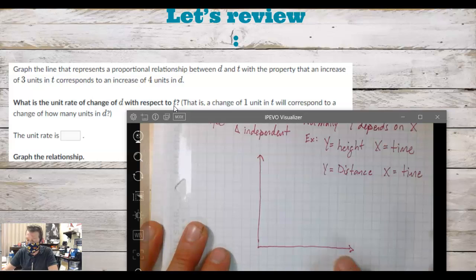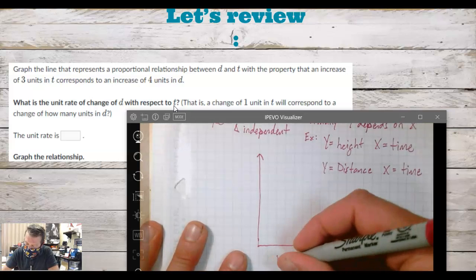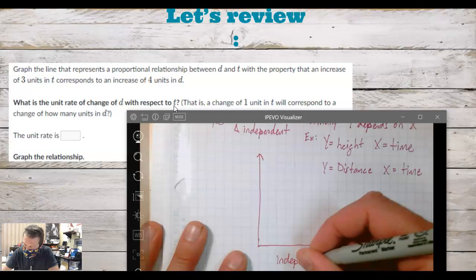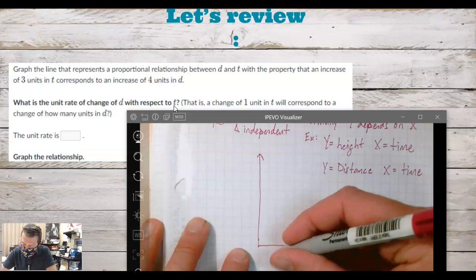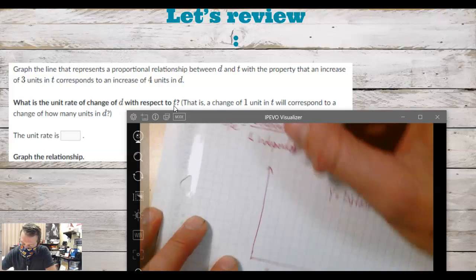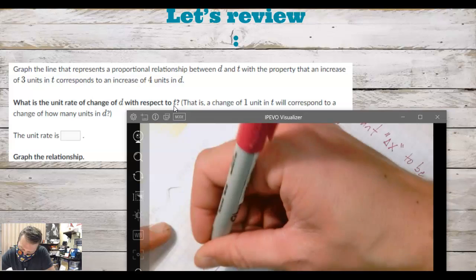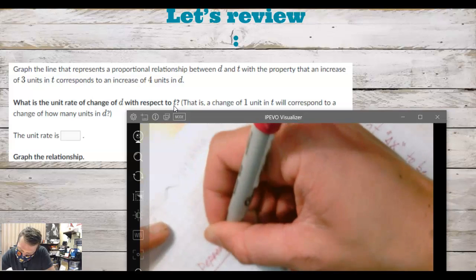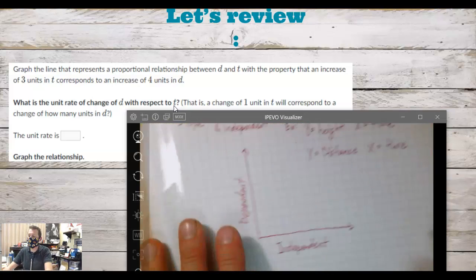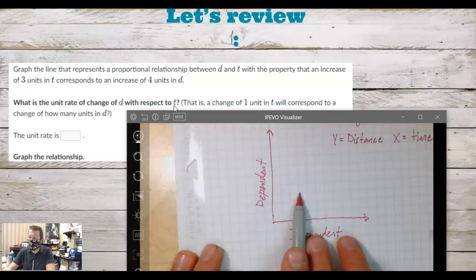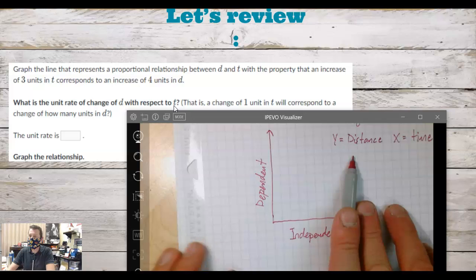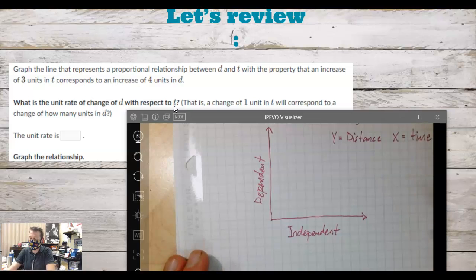So our standard graphing puts an independent variable down here, and our dependent variable. Like when I plant tomatoes, I can't just make them grow taller, but they will grow taller as time moves on. Height is dependent on time.